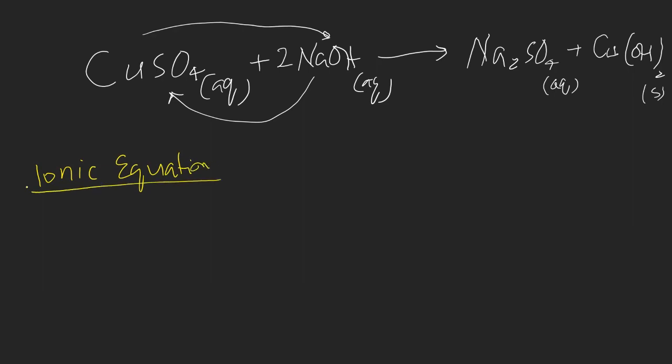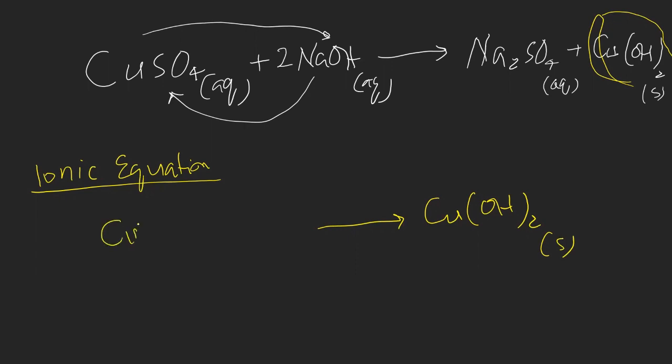Now, the precipitate is this one, all right? So what two ions are making that? So first we write the precipitate, Cu(OH)2, and this is the precipitate. So what two ions are making that? We know that. The copper, 2 plus, and OH, there are two of those present.